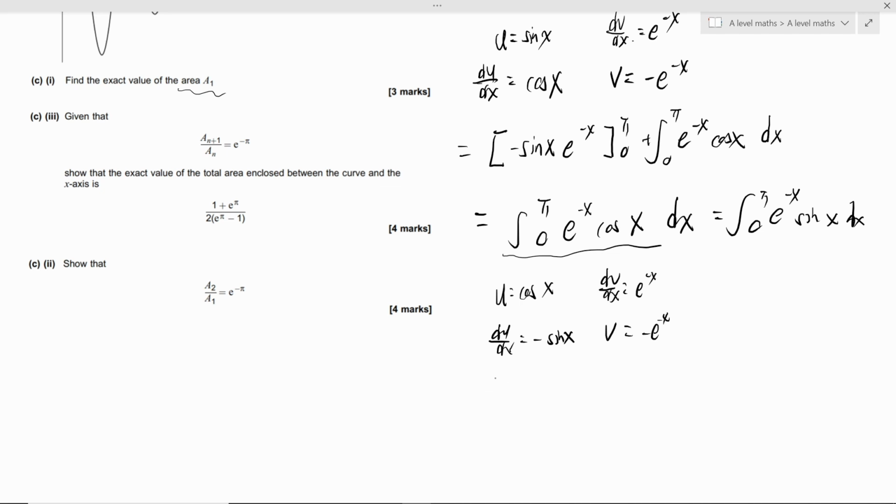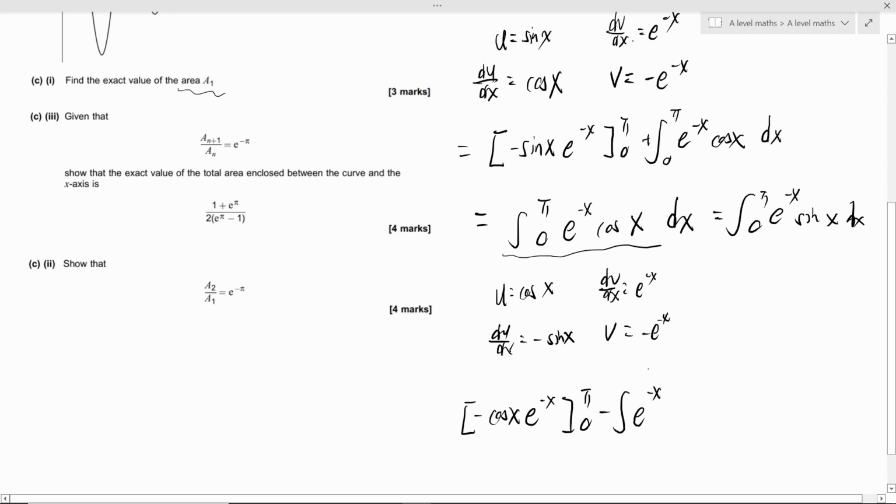Now we shall have the left hand side to be uv, so minus cos x e to the minus x between pi and 0, minus the integral from 0 to pi of e to the minus x sine x, equivalent to the integral from 0 to pi of e to the minus x sine x dx.